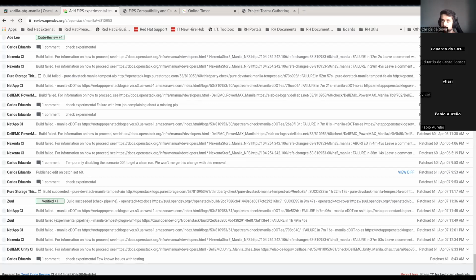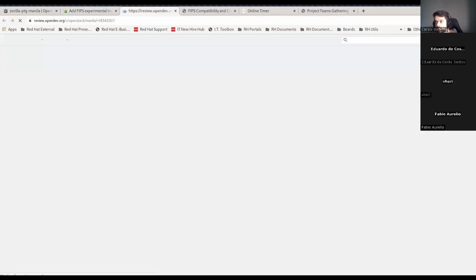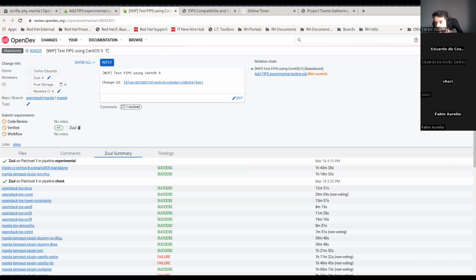For example, we would have the CentOS 8 first, and then we would need to go and merge the CentOS 9. We did have a success result for CentOS 9 in another change, so that's why we said, okay, we should possibly already switch the other one. This is the output.